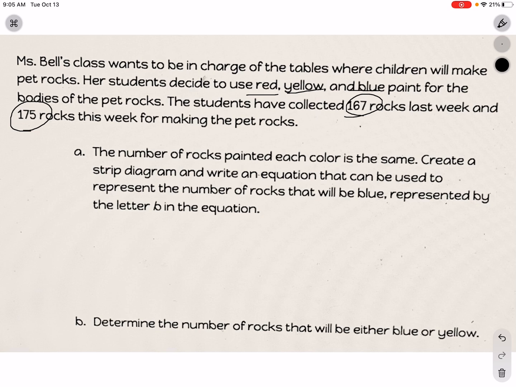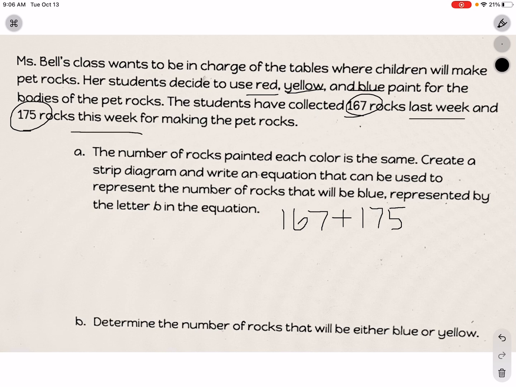When it says, let's create an equation to represent the number of rocks that will be blue, represented by the letter B, it's going to look something like this. We know that we collected 167 rocks last week, plus 175 rocks this week. Remember, it's not asking us to distinguish anything between the rocks we collected last week and the ones we collected this week.